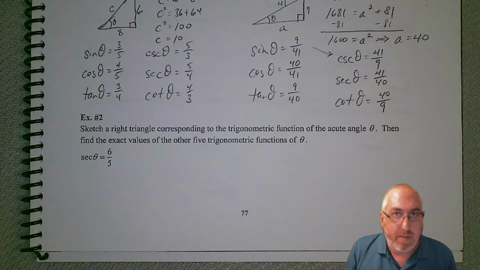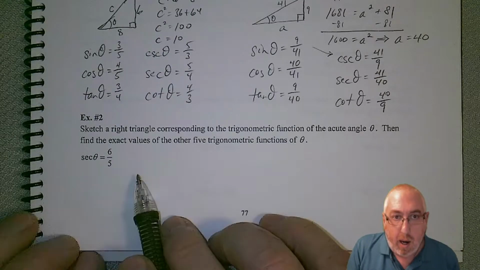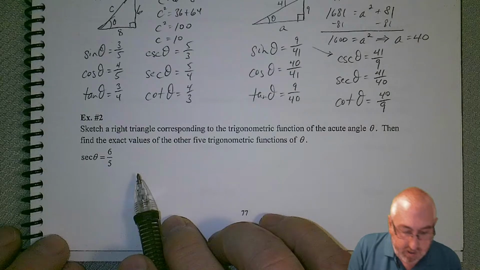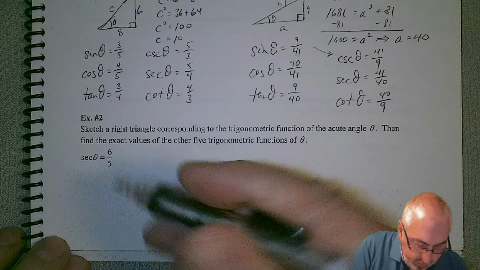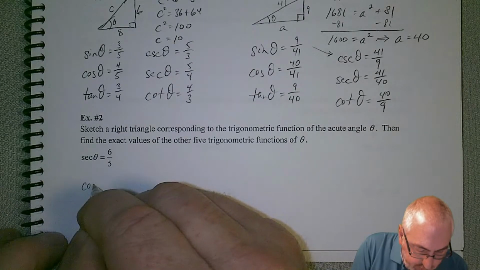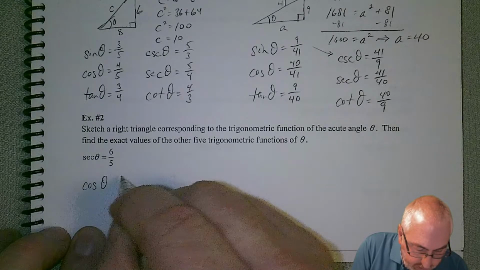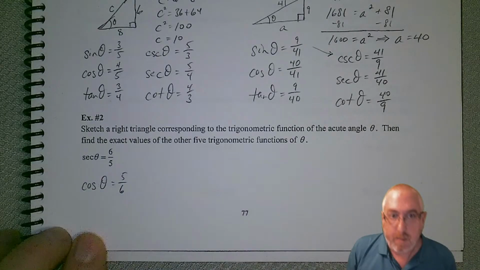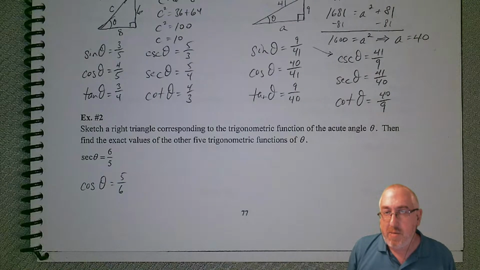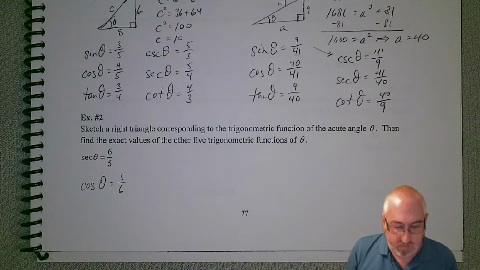Now, if you don't like dealing with secants and cosecants and cotangents, you can transform this into its reciprocal function. So in this case, we could say that the cosine of theta is 5/6. So sometimes that's a little easier to just wrap your brain around, and that's fine.